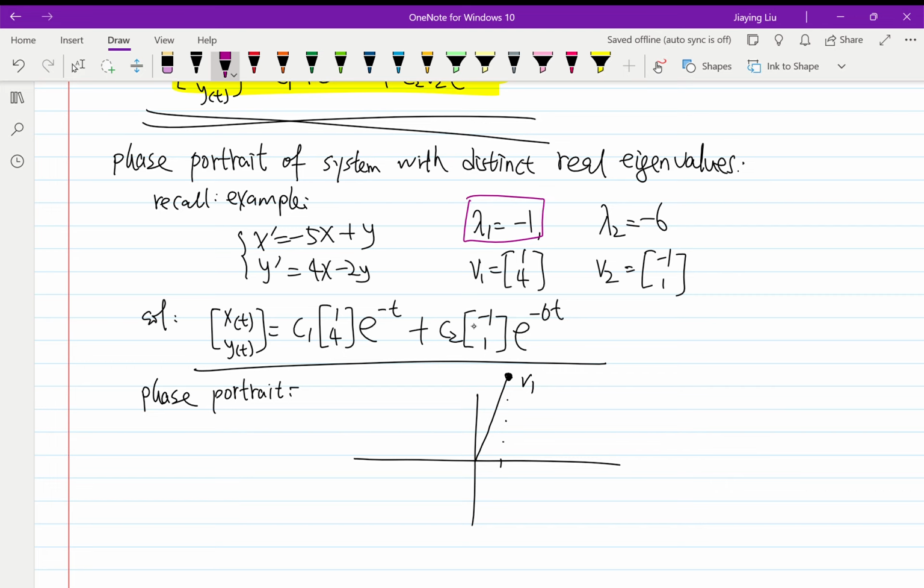Lambda 1 will tell us the direction. Since lambda 1 equals negative 1, which is less than 0, the direction along v1 is going to be pointing towards the origin.